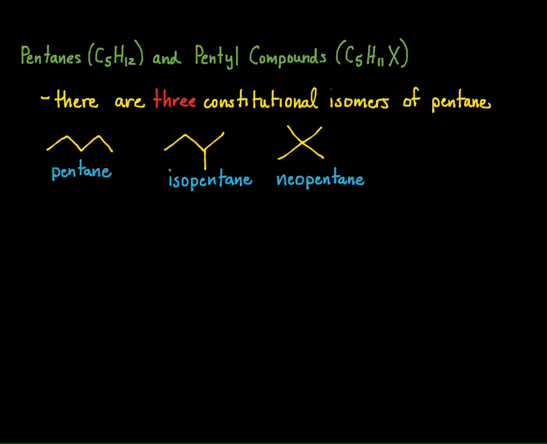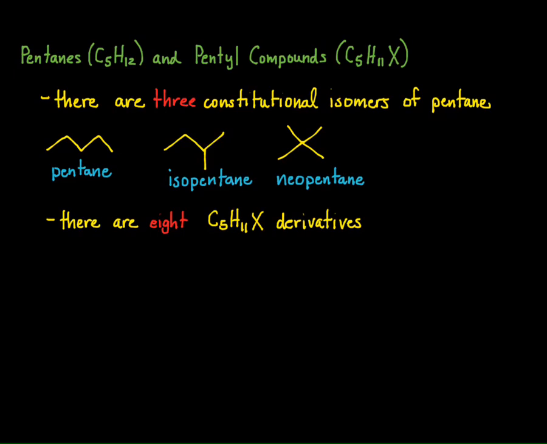Now, when we think about derivatives, there are now 8 different C5H11X derivatives. And I'm showing you this to simply show, we're pretty much going to stop at pentane because, as you can imagine, the more carbons you have, the more possible derivatives you have.